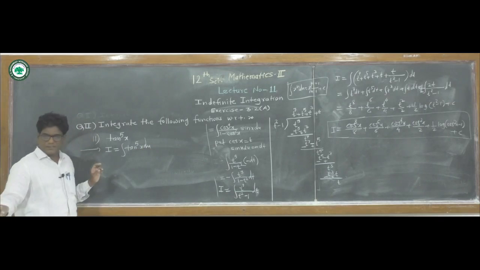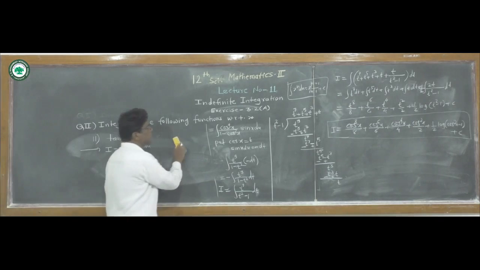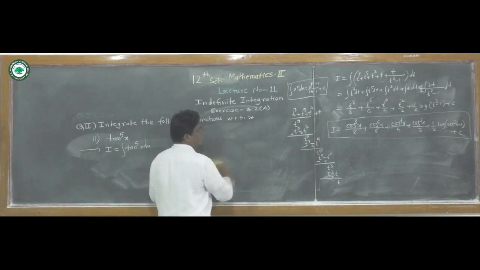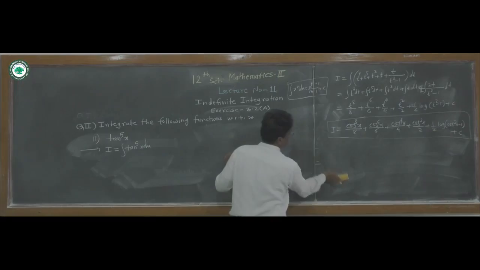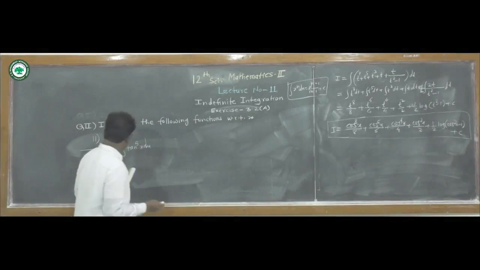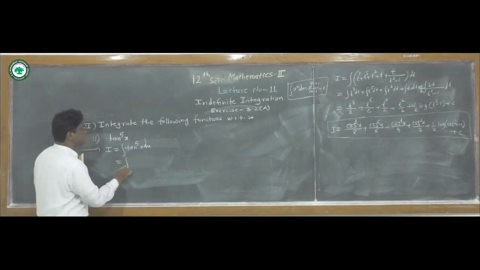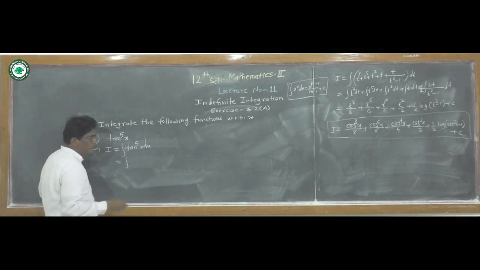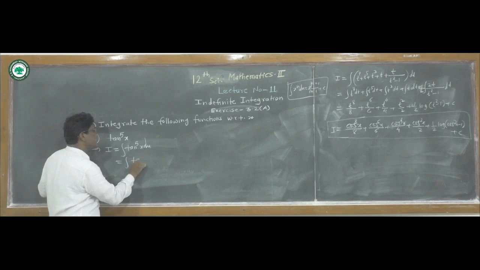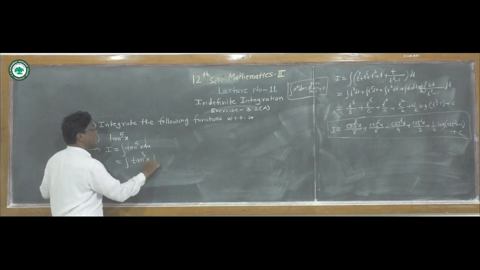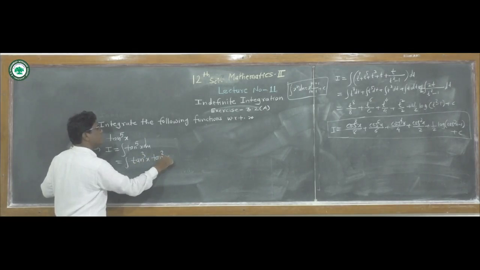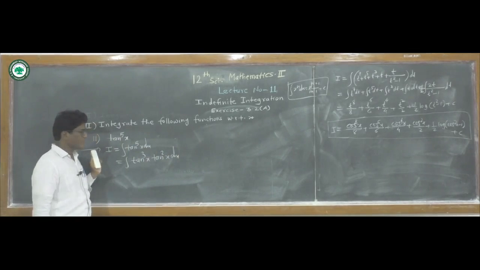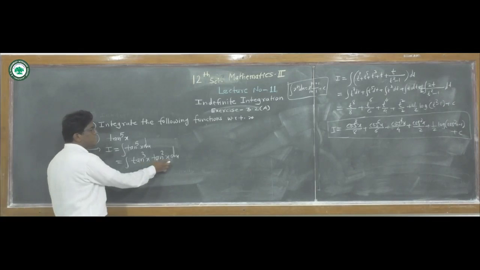We write the given problem like this. I is equal to integration of tan raised to 5 x dx. So this is equal to integration of, we write this tan raised to 5 x, we split this power using the rule of indices, that is tan raised to 3 x into tan raised to 2 x dx, that is 3 plus 2 is equal to 5. Now here we write this tan square x.